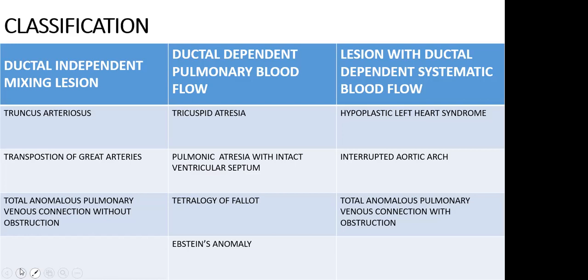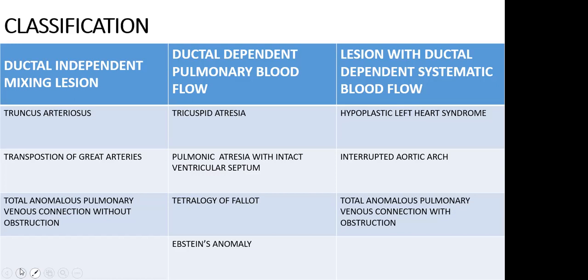The ductal dependent pulmonary blood flow is dependent on the shunting, where we have a shunt from the aorta to the pulmonary arteries through the duct. So this particular one goes through the shunts, like in tricuspid atresia and tetralogy of Fallot, where we may have a VSD or an ASD.